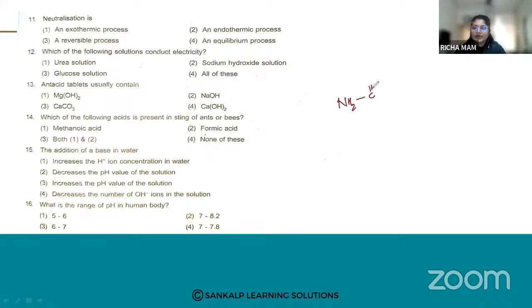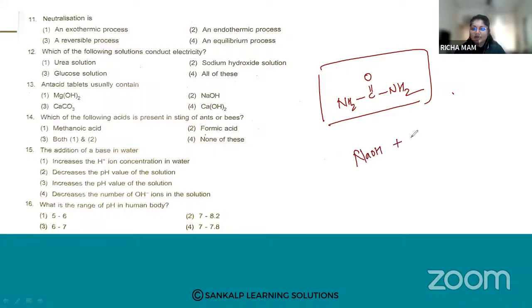This is your urea. When you add urea in water, it will not release any ions. Now, sodium hydroxide, when you add it in water, will split into Na plus and OH minus, and the water gives H plus and OH minus.